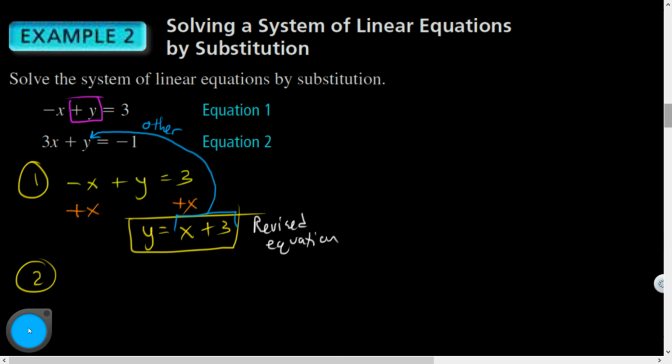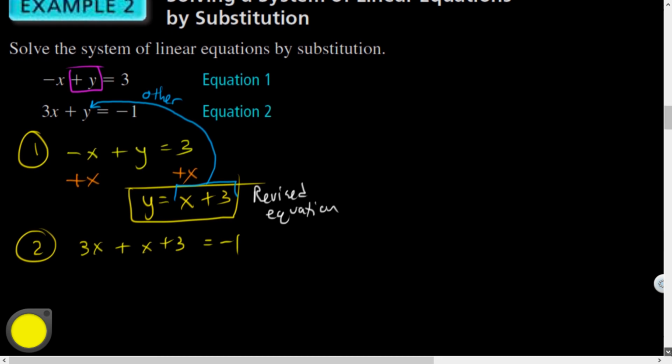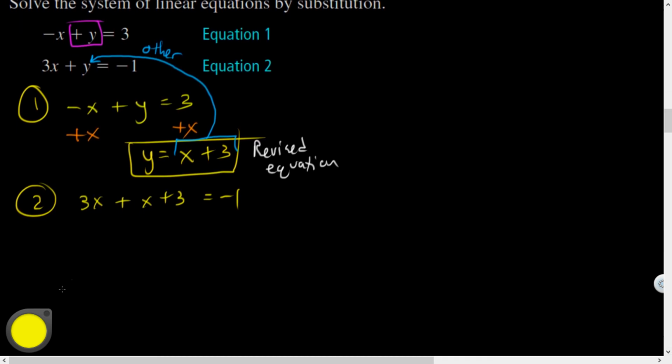All right, so let's plug it in. So 3 times x, I don't need those parentheses, plus y, which is now x plus 3, is equal to negative 1. What should I do to solve this? What's a good idea?